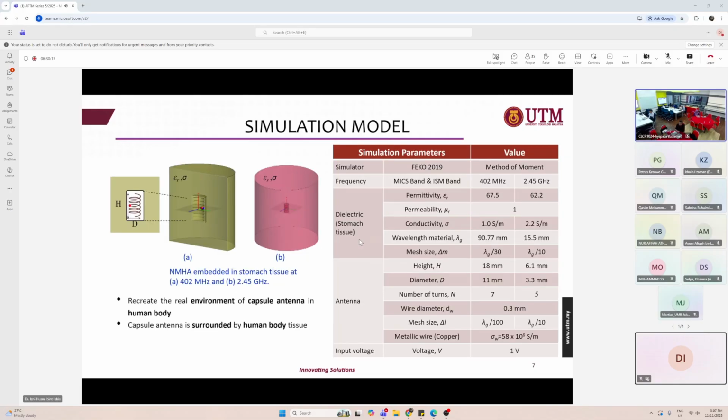This is our simulation model, where we use the FEKO simulator and calculate at the two different frequency bands. The dielectric tissue is the stomach tissue, and this is the antenna structure from the equation previously.